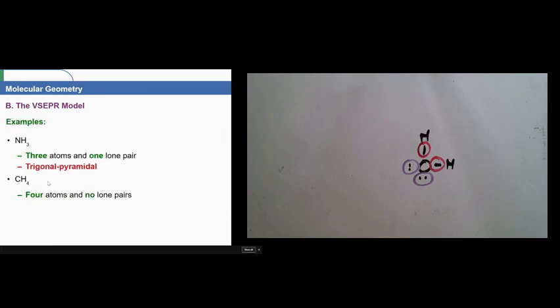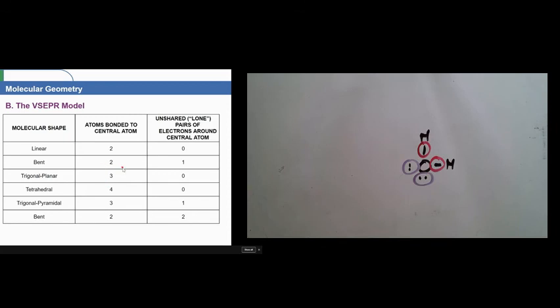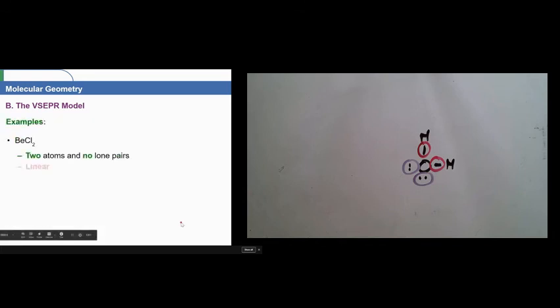So if we go back and look at the chart, 2 and 2, it's right down here, that's bent. That's a bent shape, 2 and 2. So for water, that is in fact a bent shape.